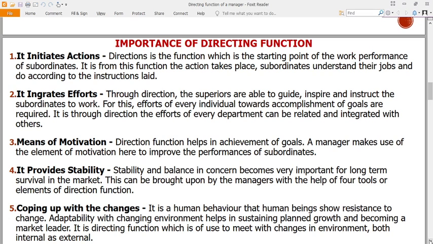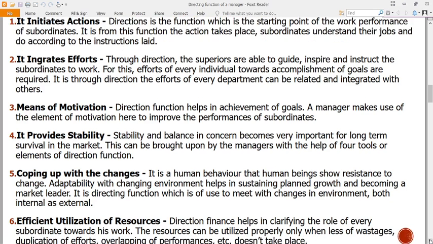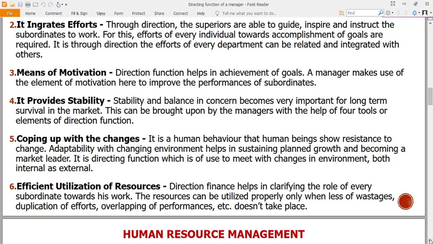Then it provides stability. Stability and balance in a concern become very important for long-term survival in the market. This can only be brought about by managers through tools of the direction function, because as you're directing, people are getting more and more aware of their activities.